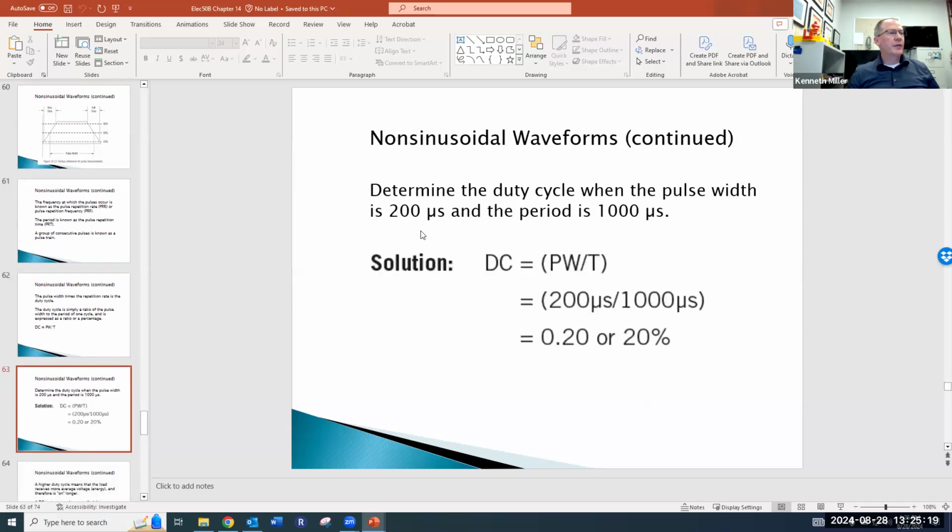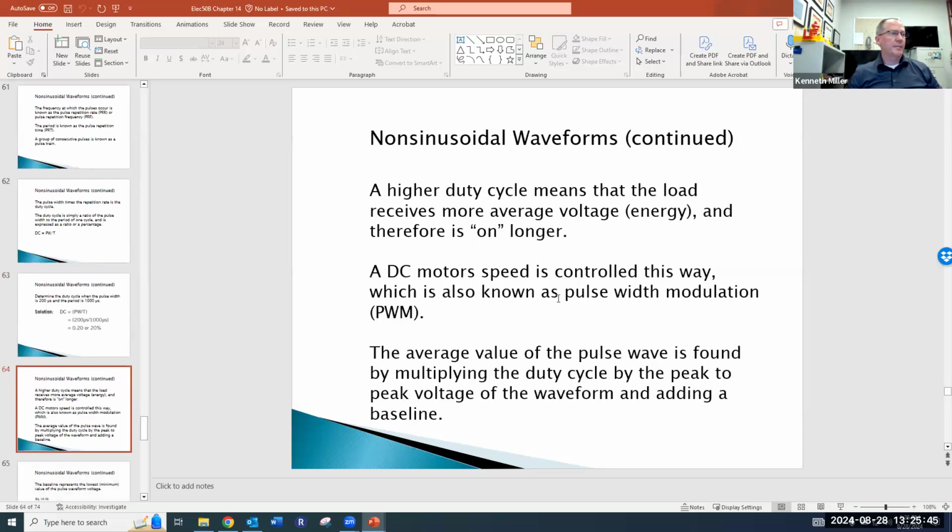So for example, determine the duty cycle when the pulse width is 200 microseconds and the period is 1000 microseconds. So if you take 200 divided by 1,000, you get 0.2, which is a 20% duty cycle, which means it's on 20% of the time and then off the 80% of the time.